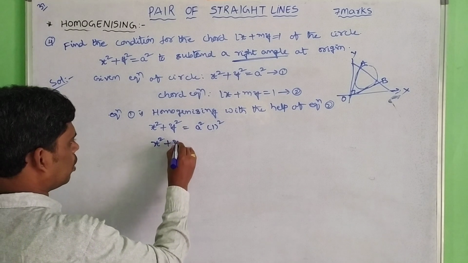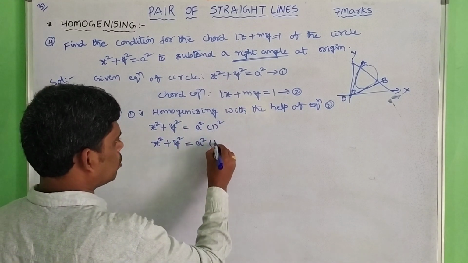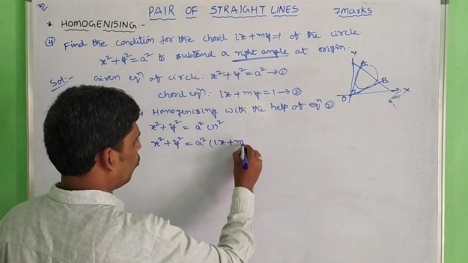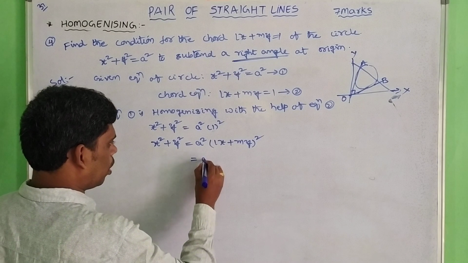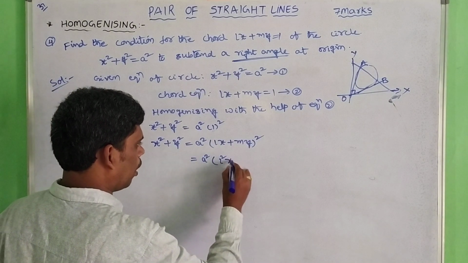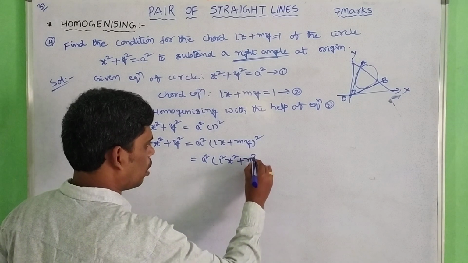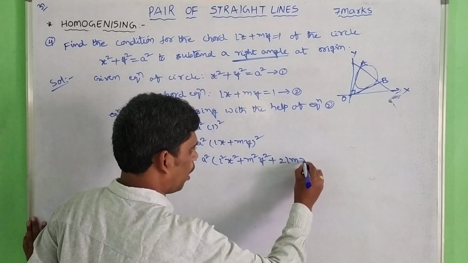So very easily, x square plus y square equal to a square into 1, meaning lx plus my whole square, that equal to a square into, open this term, l square x square plus m square y square plus 2lmxy.